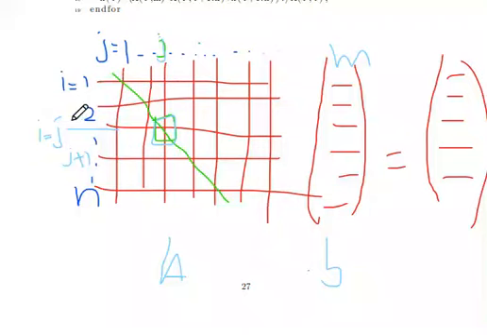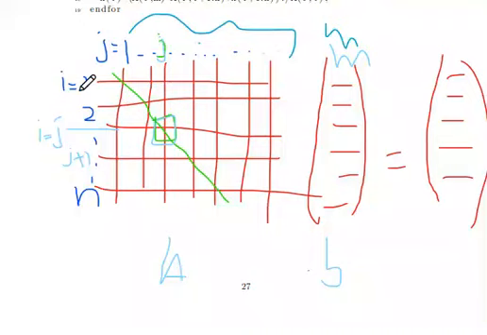Let's say we have n equations, so we have n rows. So m would be the number of columns of A plus 1. n is the number of equations.